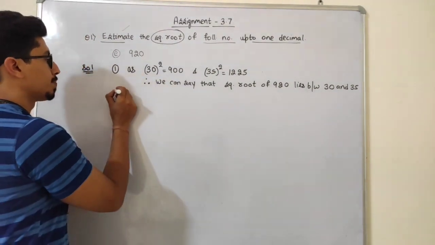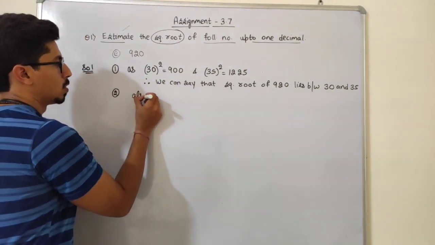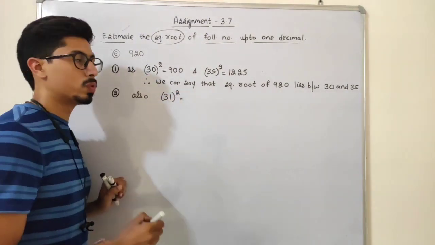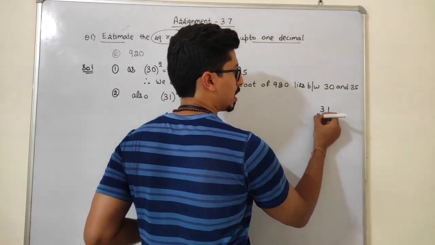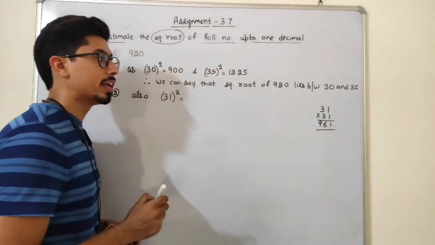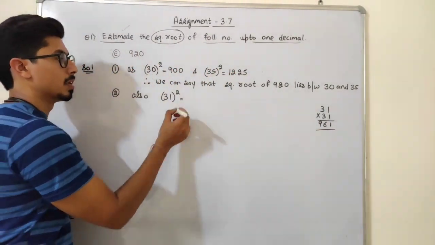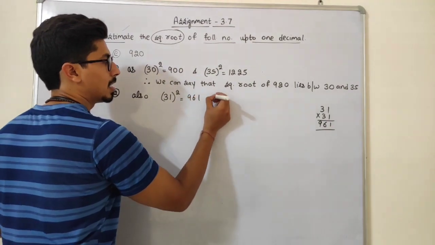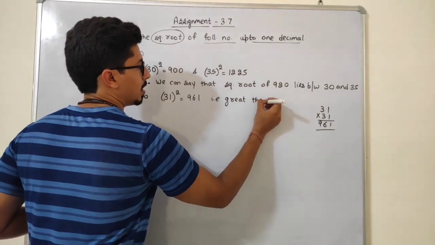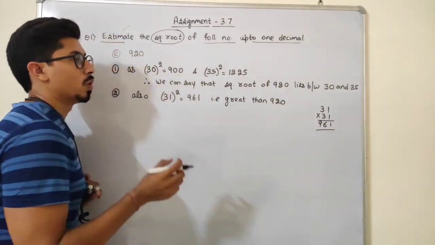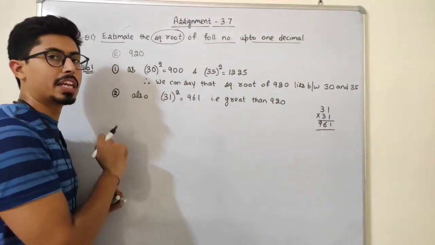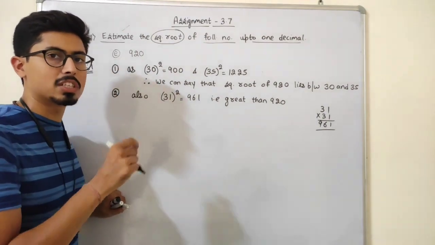Also, if I take 31 square, students, 31 square will be 31 into 31, that is 961, that is greater than 920. So we are sure that the square root of 920 is less than 31. That means the answer will be 30 point something.